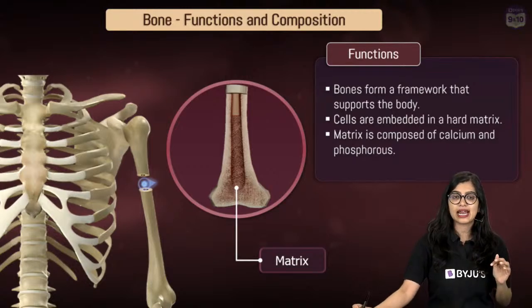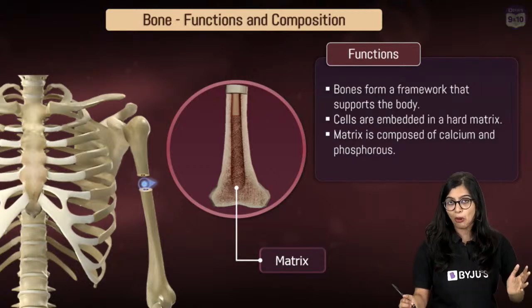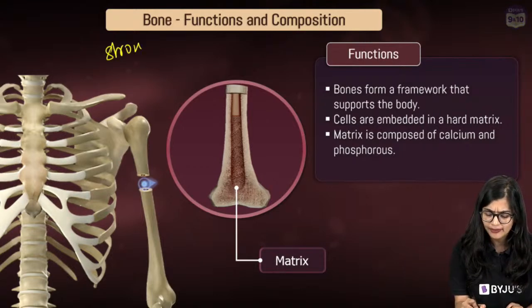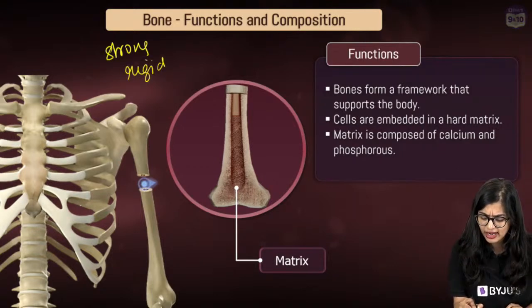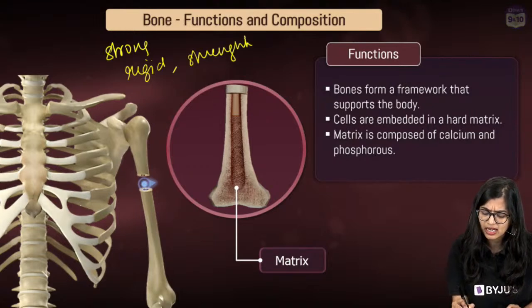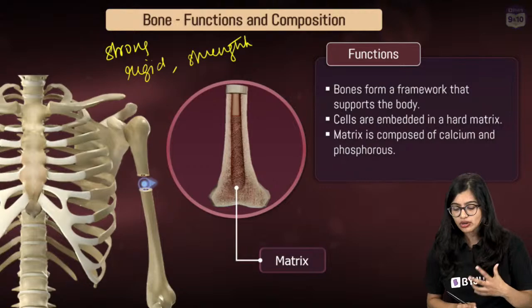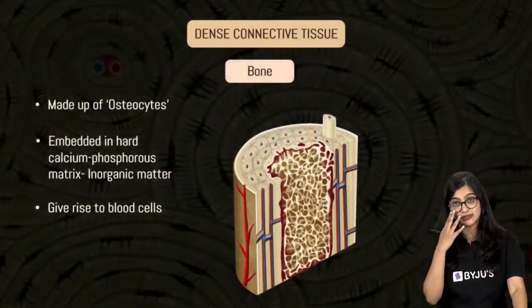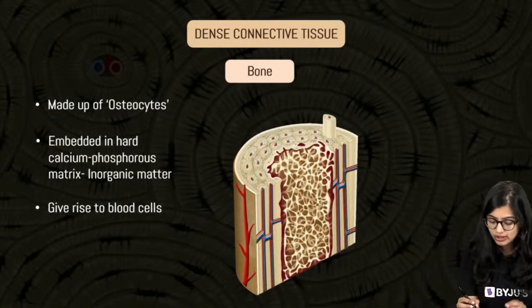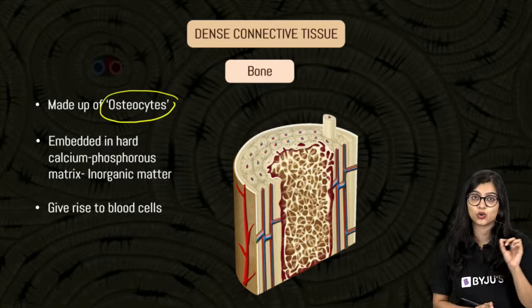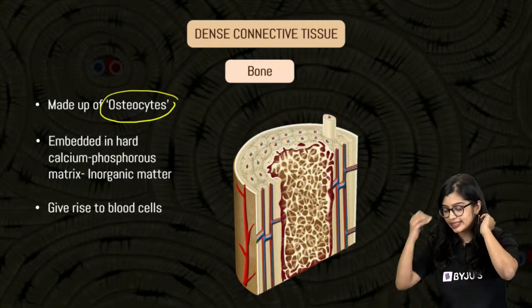So now let's understand about bones. Now when I say bones, words that come to your mind are strong, you will think about rigid, you will think about strength, right? These are all the things that come to your mind. But when you look at bones, we see that they are a form of dense connective tissue. Now the bones are made up of cells which are called osteocytes, right? Remember this.